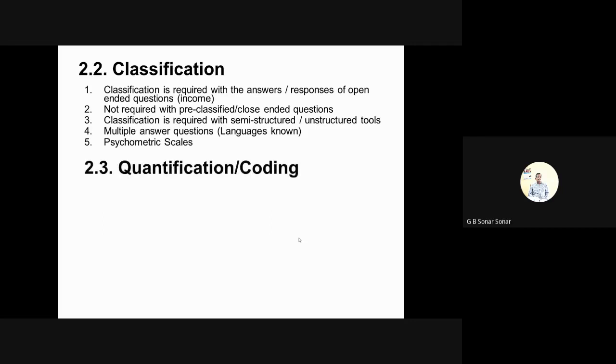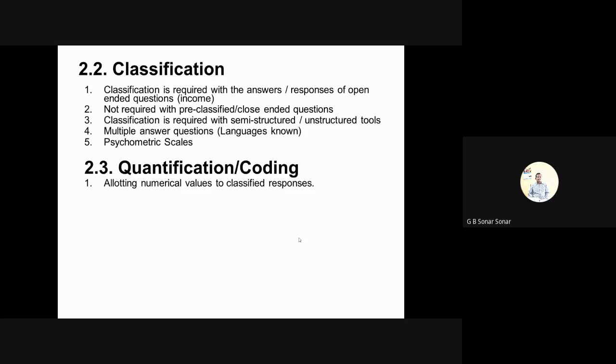The third important substep of data processing is quantification. Quantification is nothing but giving or allotting numerical values to the classified responses. Question is there, answers are there, and answers are classified, whether it is pre-classified or classified through classification.